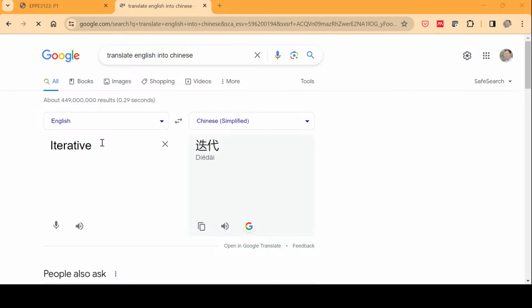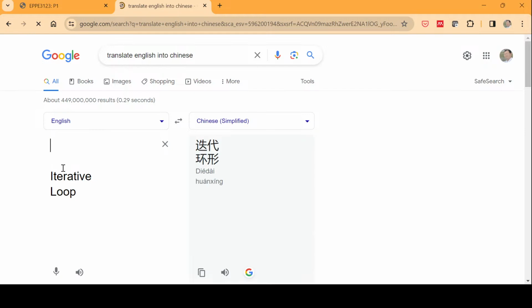Loop. The first one is linear. Linear and iterative. Iterative is with loop or loops.